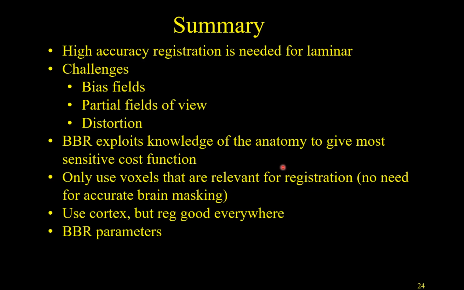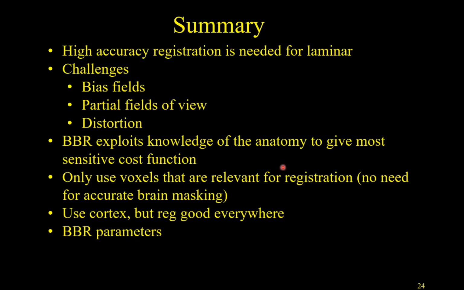You have parameters in BBR that you can tweak to try to improve the registration. But I kind of played up this idea that you can tweak these parameters to get a sharper cost function. But if you looked at all those cost functions I showed you, a lot of them were just the same. And that's one of the nice things about BBR, that it's very robust.